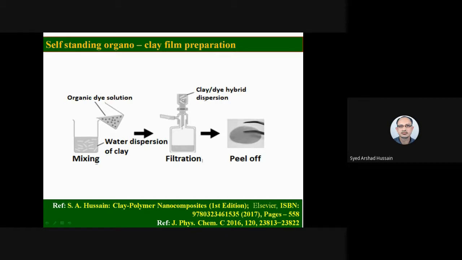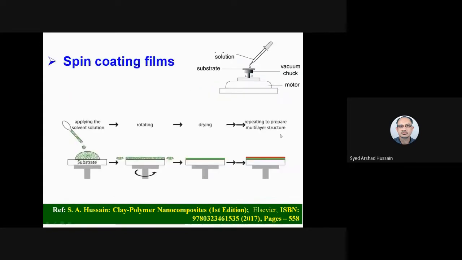Then we transfer the film from the membrane to the substrate we want to deposit on, for characterization or for applications. So we peel off the membrane and we have these films on the substrate. Or you can have a self-standing film also, you can simply peel off the film from the membrane. It's possible.